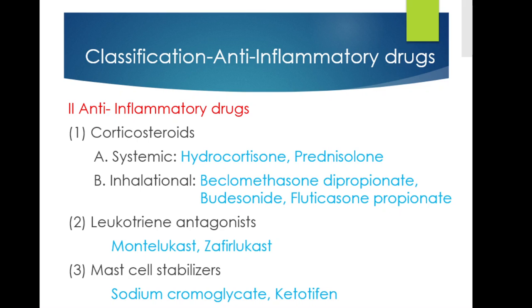Systemic examples are hydrocortisone and prednisolone, and inhalational ones are beclomethasone dipropionate, budesonide, fluticasone propionate, etc. The second class is leukotriene antagonists like montelukast, zafirlukast. And the last, mast cell stabilizers like sodium cromoglycate and ketotifen. So all these agents will reduce the inflammation and relieve the symptoms of asthma.